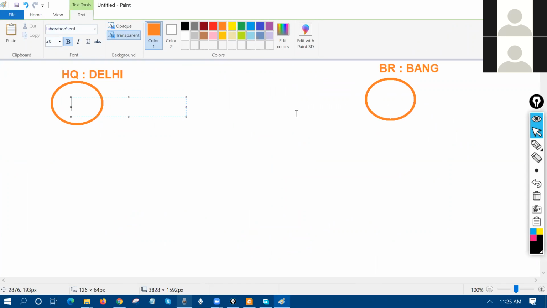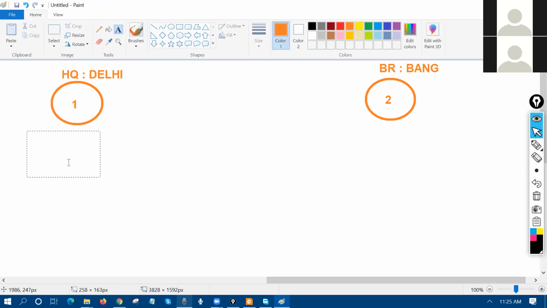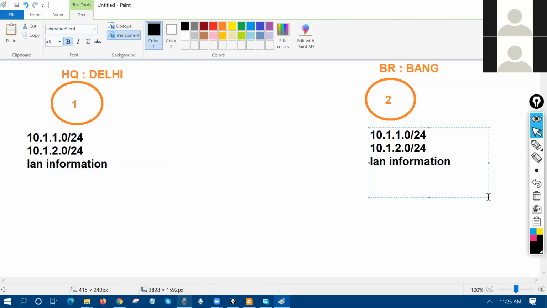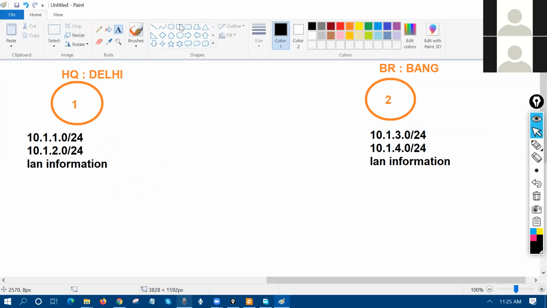Now we have router number 1, router number 2, and we have some LAN information over there, a /24. At the same time we have LAN information over there. So this should be 3.0 and this should be 4.0. And now we have connectivity that looks like this.